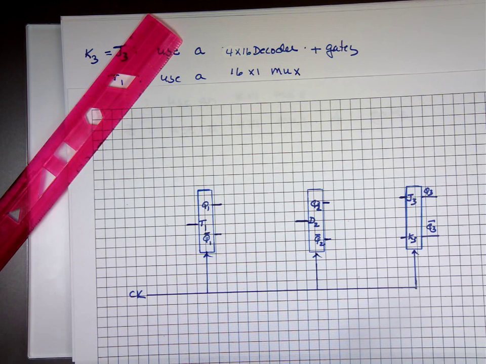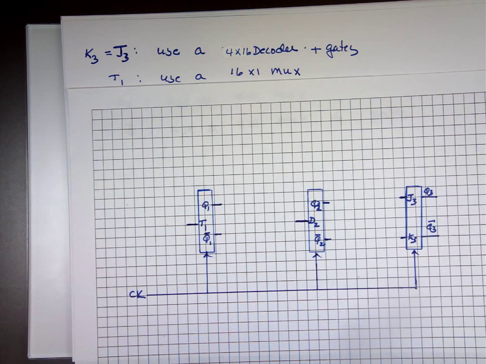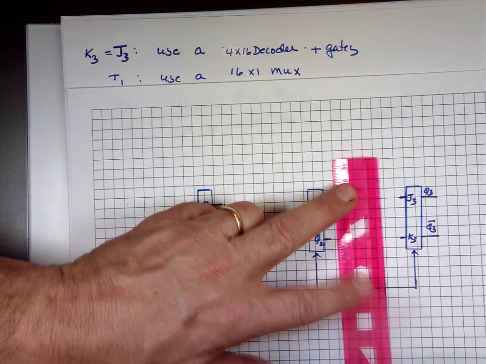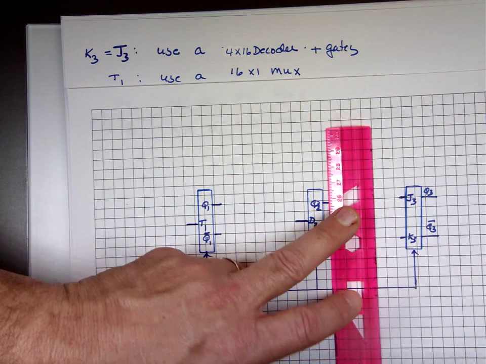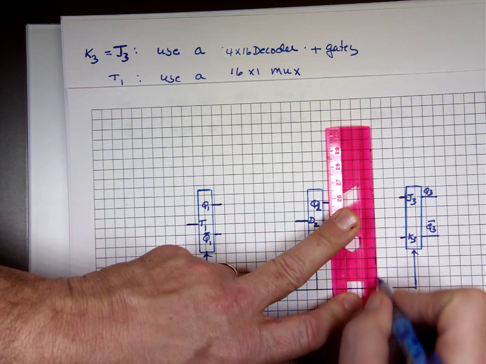And let's see what's going to it. It says use 4x16 decoders. I'm going to have 4 inputs going to that one and 16 outputs coming out of it. So here's the first one.